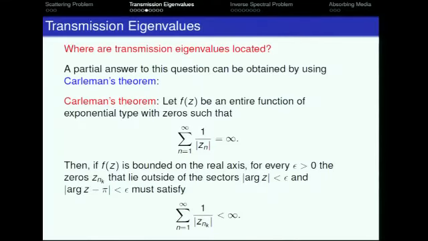Now, the next question to ask is, where are these located? At the moment, there may be complex eigenvalues, there may not. We know there exists an infinite number of eigenvalues, and in the case when n is bounded away from 1, there exist some real ones, but there may be some complex ones.